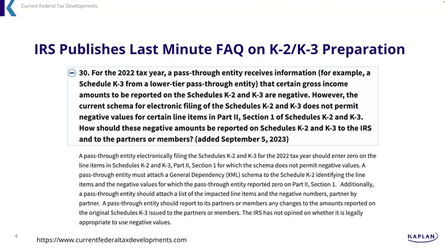And additionally, a pass-through entity should attach a list of the impacted line items and the negative numbers, partner by partner. A pass-through entity should report to its partners or members any changes to the amounts reported on the original K3 issued to the partners or members. And finally, the key statement: the IRS has not opined on whether it is legally appropriate to use negative values.